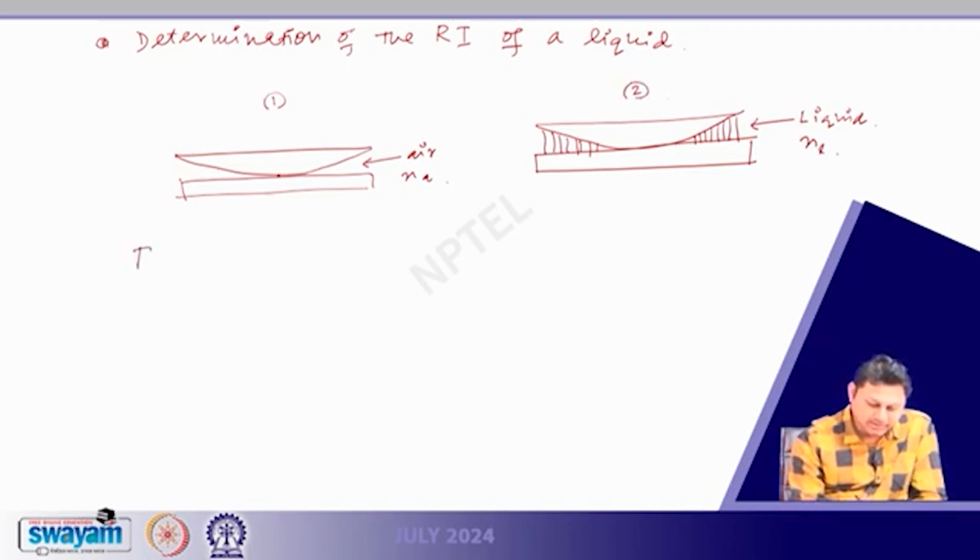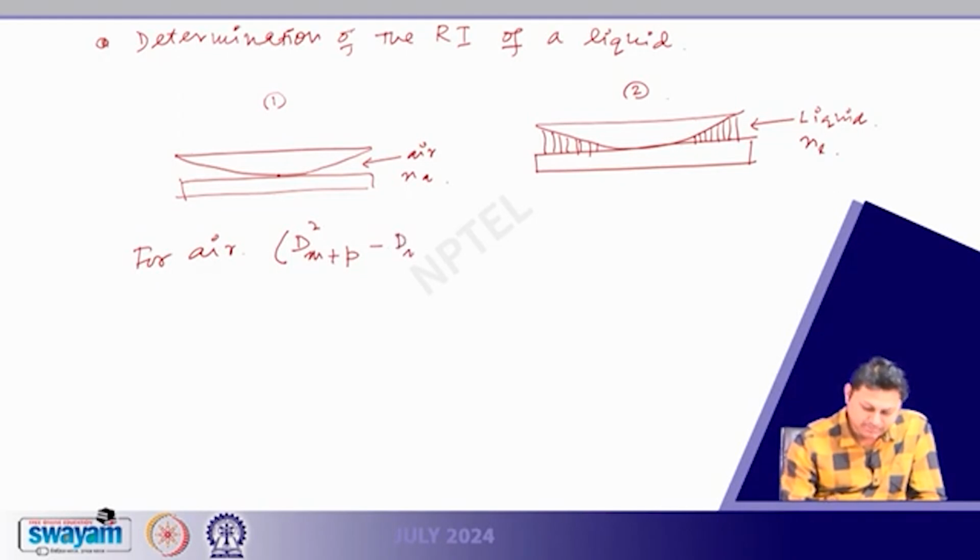So for air, we can calculate this quantity that we already calculated actually. So I am not going to go into detail: dm plus p square minus dm square, for air, is 4p lambda r divided by Na, where p is the order.